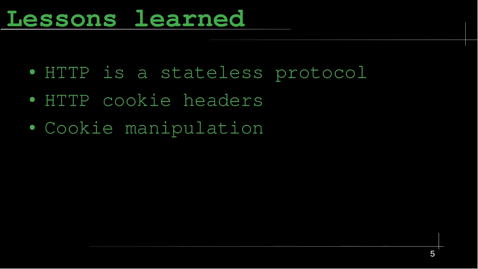To overcome the limitations of using a stateless protocol, HTTP implements cookie headers. These are used by the web server to save information in cookies in the web browser. The web browser then includes this information in the following requests. Attackers can easily modify cookies either within the browser or by implementing client-side code outside of the browser.